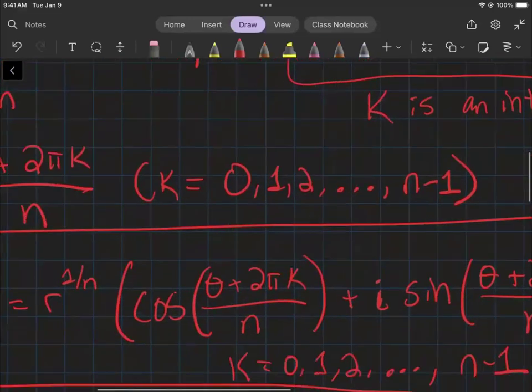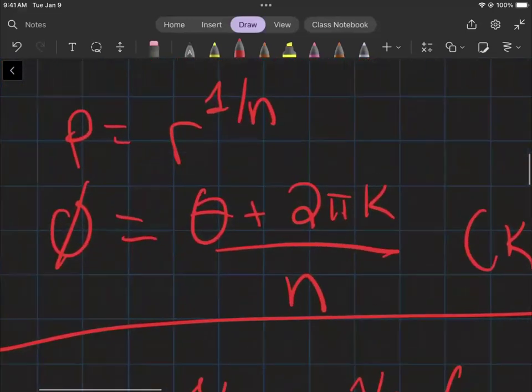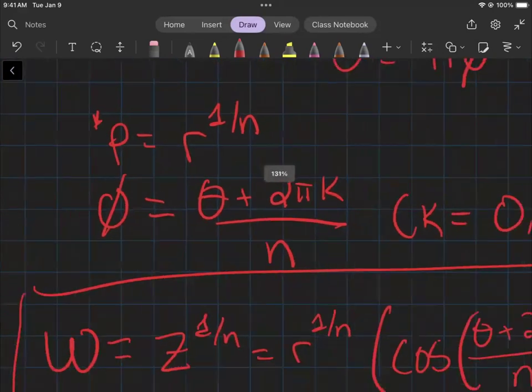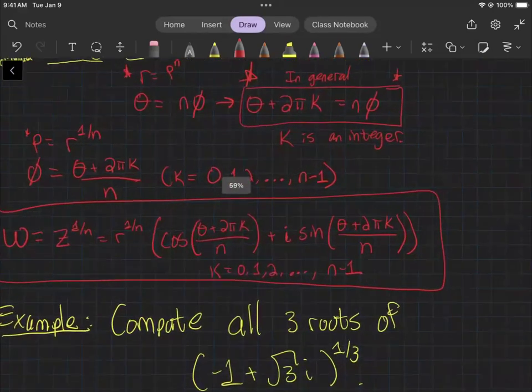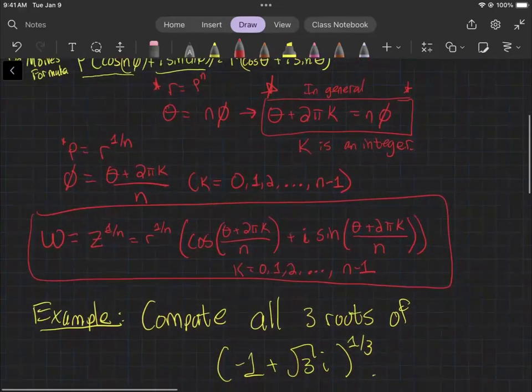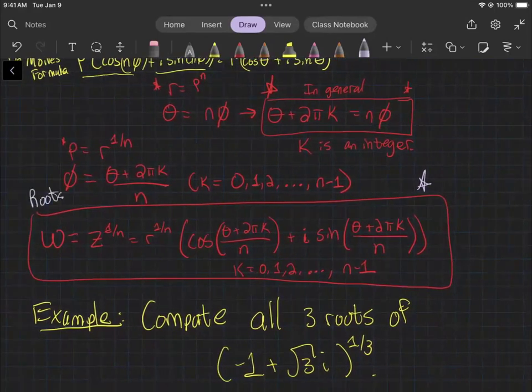So rho is equal to r raised to the 1 over n, and phi is equal to theta plus 2 pi k over n. Then in general, we have this formula to figure out the roots of the complex number Z.